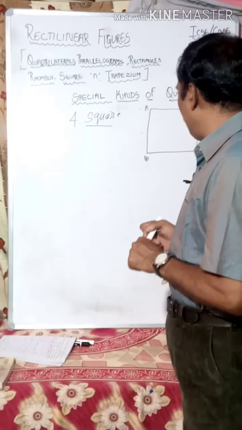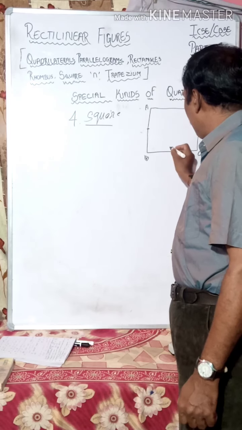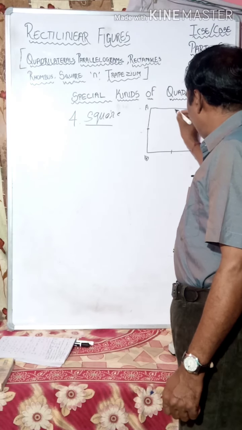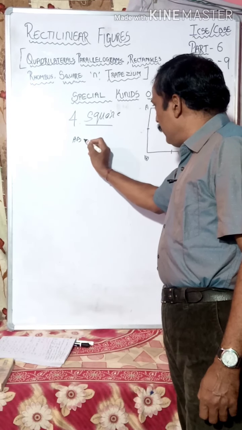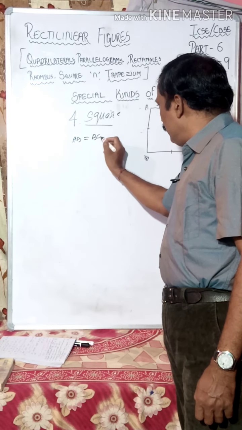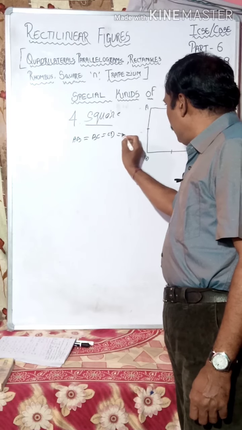All sides are equal: AB is equal to BC is equal to CD is equal to AD.